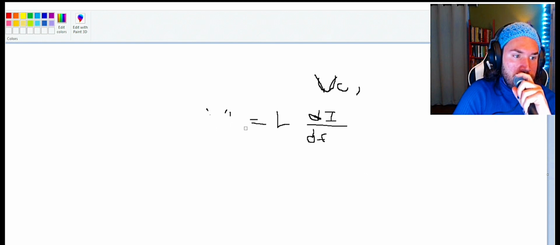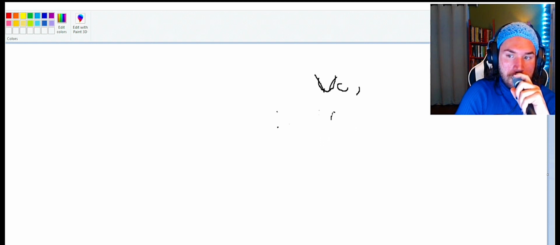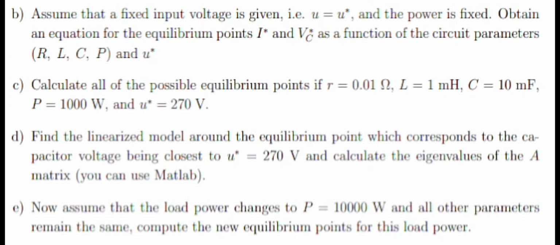Assume that a fixed input voltage is given, i.e. u equals U, and the power is fixed. Obtain an equation for the equilibrium points i and Vc as a function of the circuit parameters R, L, C, and U. This should be in your notes.